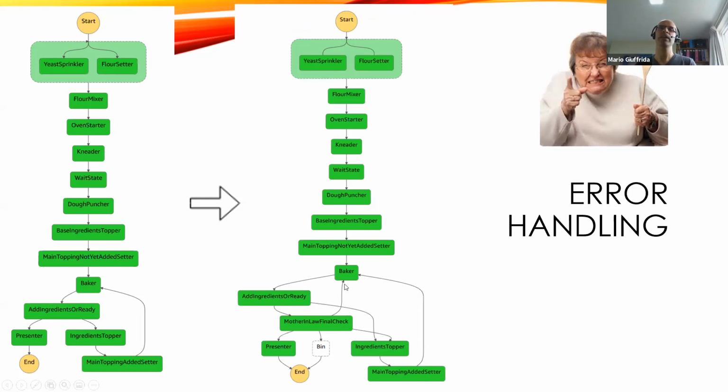Or if it's overcooked, of course, the flow will go into the bin. It cannot be presented. Or there's another kind of exception that you usually find with this mother-in-law final check: the can't you see I'm doing other more important things exception. This means that it's better that you retry later. But let me show you this one in code.